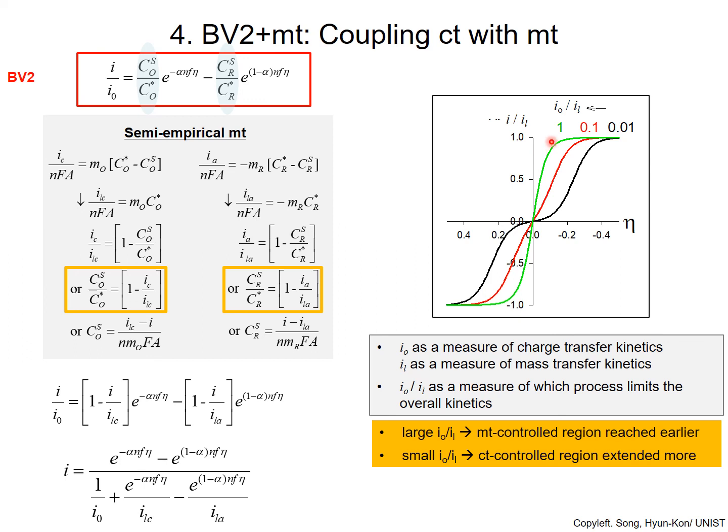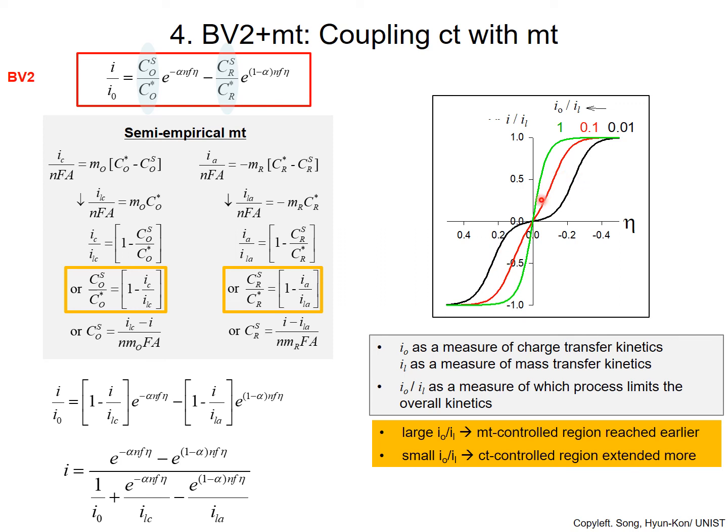As the values of the current ratio of exchange current to limiting current decrease to 0.1 and 0.01, then the charge transfer controlled region, which is the exponential function of potential, is extended more. So you can clearly observe the Butler-Volmer equation from here to there.